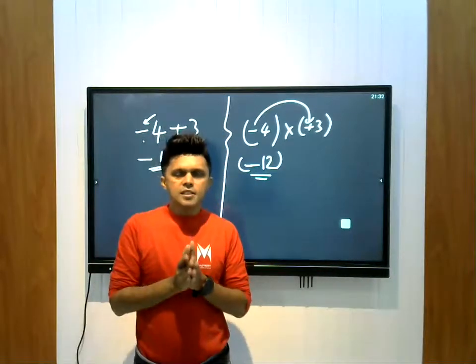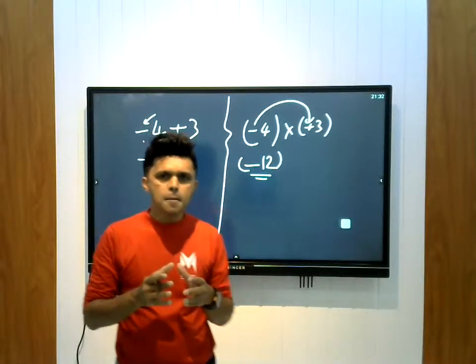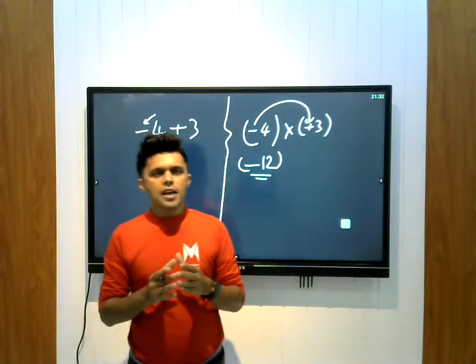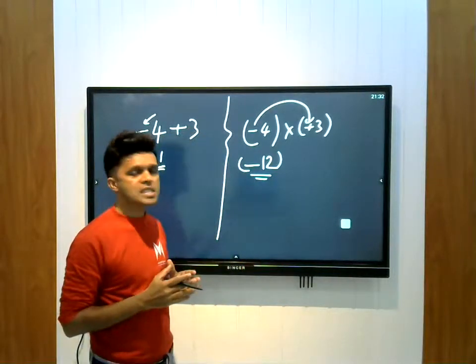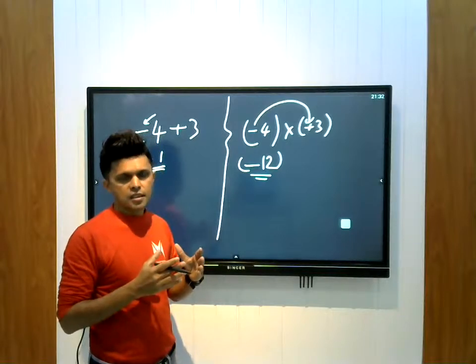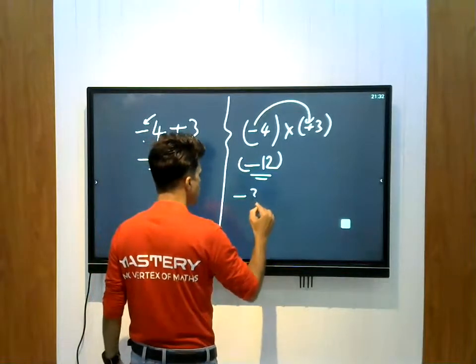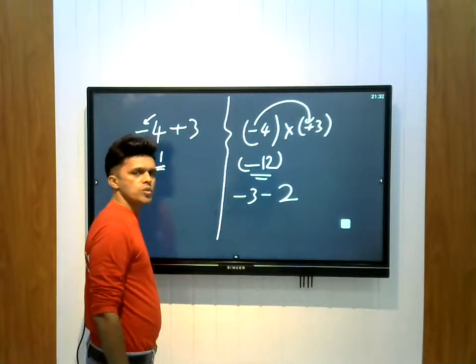Then if you know these concepts, definitely you will be able to become an expert in maths, when you know these things of maths. So, what is the value of this one? Minus 2, minus 3, minus 2.